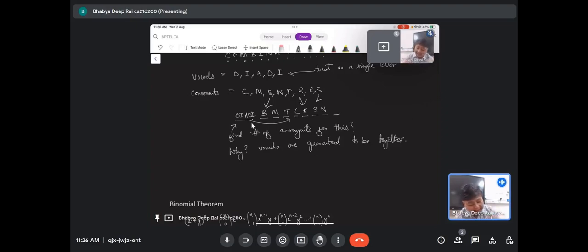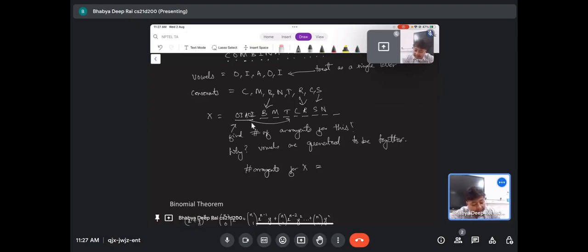Now what do I do? After arranging them, first let us find the number of arrangements. Let me call this X. X equals. So how many letters are there?